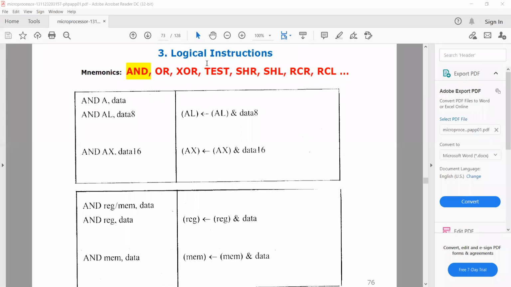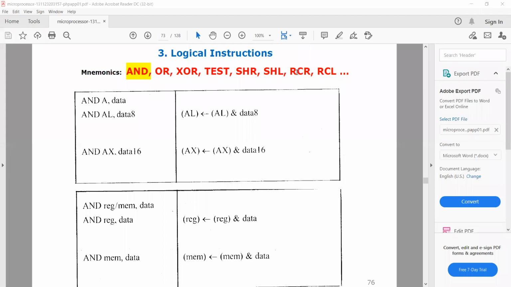The few logical instructions that 8086 supports are AND, OR, XOR, TEST, SHR meaning shift right, SHL meaning shift left, RCR meaning rotate right through carry, and RCL meaning rotate left through carry. Here we'll also have with carry and without carry. Those we'll see in detail when we deal with that particular instruction.